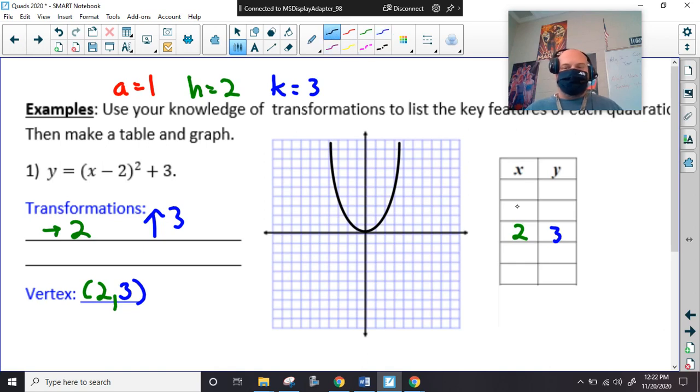And then these other numbers would be 1 and 0, 3 and 4. I marked out the bottom 2.